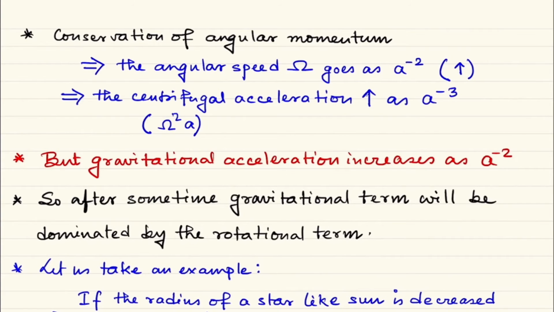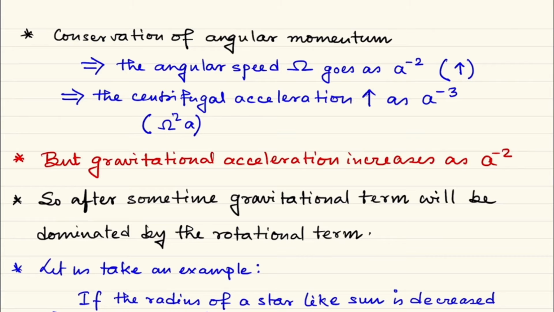Then if the angular momentum is conserved, because we are thinking that there is no external deforming torque, and the radius is decreased by an internal mechanism, for example self-gravity, that is not causing any harm to the conservation of angular momentum. Then the angular speed omega goes as A to the minus 2. And if A is decreasing, it is actually increasing, right?